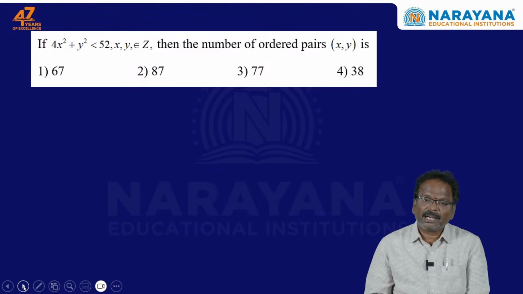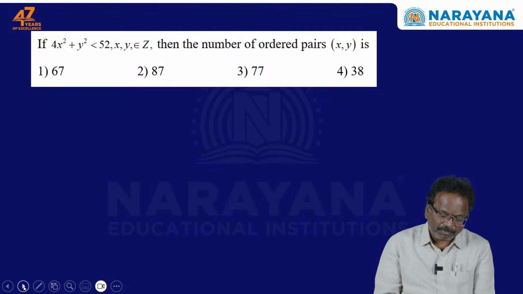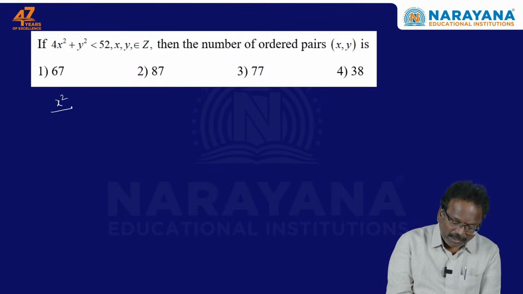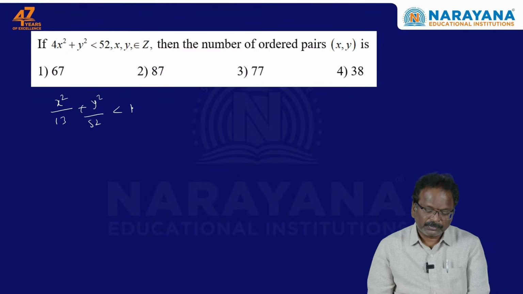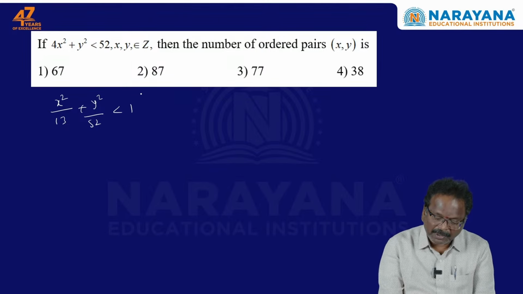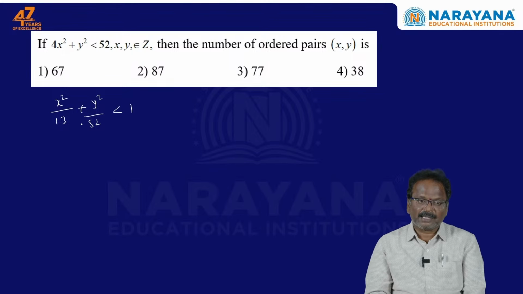To calculate the number of ordered pairs satisfying this ellipse equation, 4x square plus y square less than 52 means x square by 13 plus y square by 52 less than 1. Now we are going to calculate how many ordered pairs of integral coordinates lie inside the ellipse.